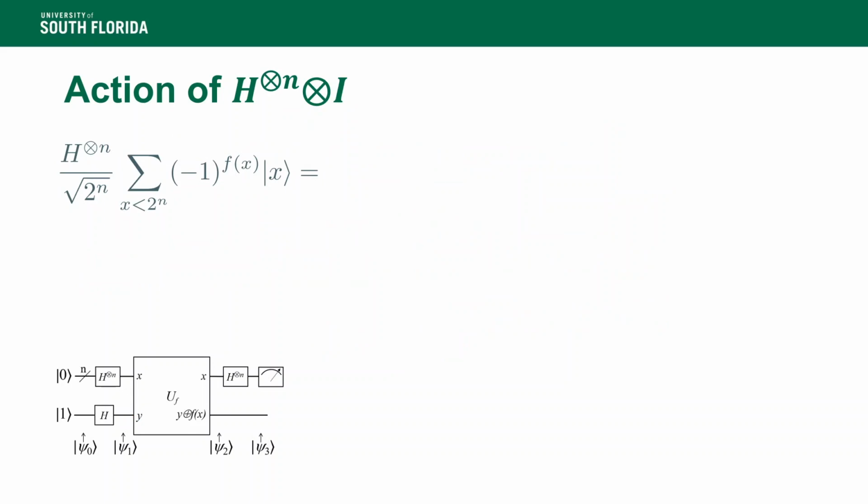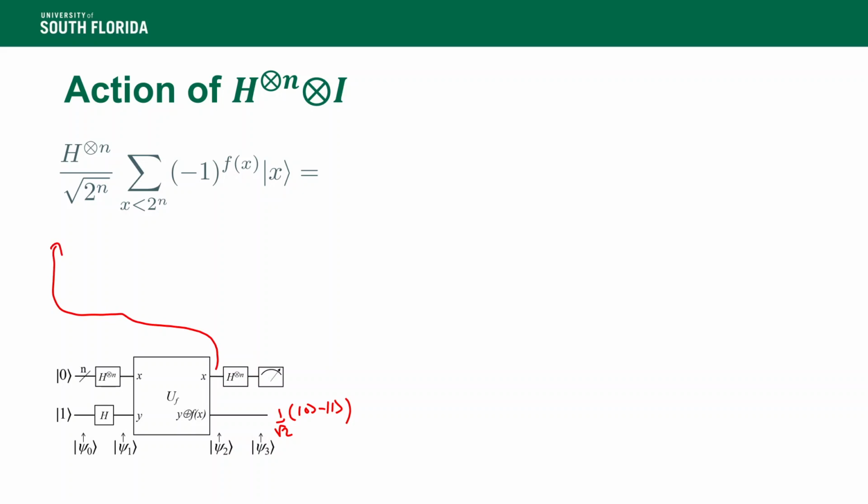The last qubit, in the state 1 over square root 2 times 0 minus 1, we can ignore the same way as before. So now we're focusing on what happens here.